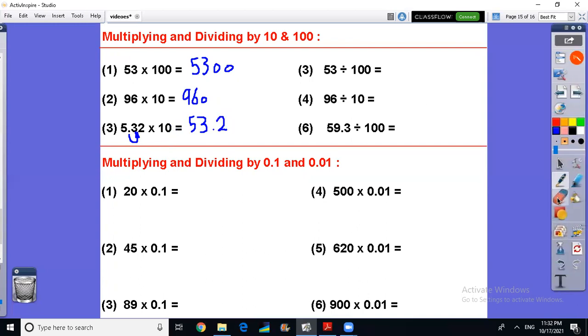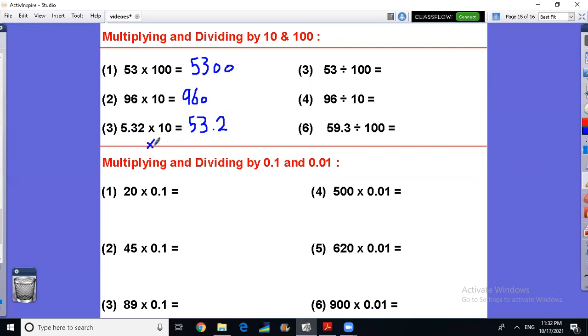What if I was multiplying here by 100? Let's imagine that I was multiplying this by 100, the same number. Okay, no problem. Multiplication by 10 or by 100 or 1,000, it's the powers of 10. So what are we going to do? I'm going to move the decimal point to the right, mister, because it's multiplication.